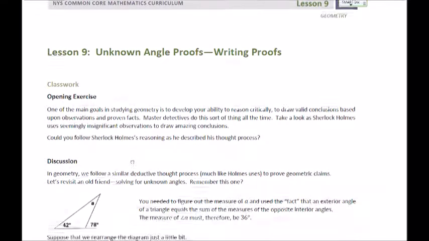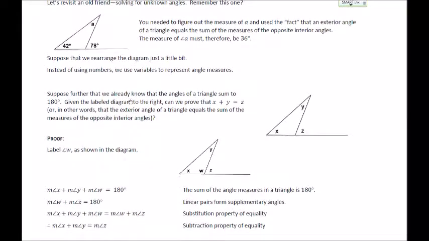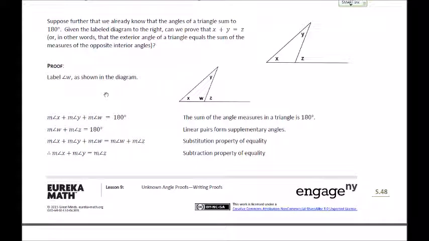The lesson starts out by talking about deductive reasoning, which is the kind of reasoning used in proof, reasoning based on accepted facts. And so we're using the fact that the angles of a triangle sum to 180. And we're seeing if we can prove that x plus y equals z in this diagram.